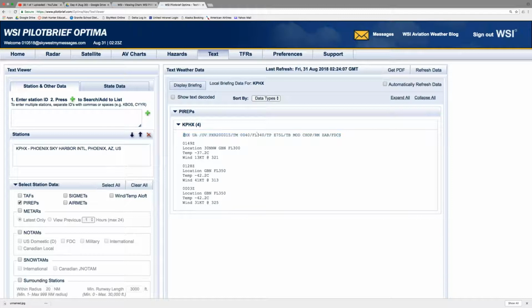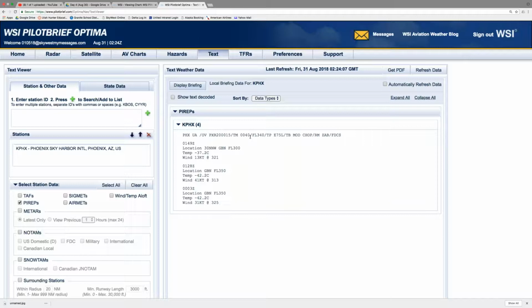All right, so this is a Phoenix upper air PIREP. This is the location where the pilot experienced it. PIREPs are submitted by pilots. It stands for pilot report. This pilot was near the PXR VOR off the 200-degree radial, 15 miles out.